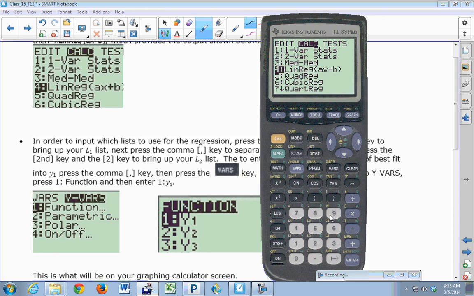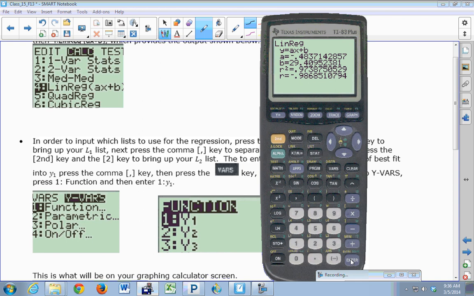I go down to 4. I hit that. And now I tell it where my data is located. It's located in L4, comma, L5, comma, and now I tell it I want it to put it on the line Y1 equals. So to tell it to put it in the variables, I go over to VARS, Y-VARS, Function, hit Y1, hit enter, and there is my line.